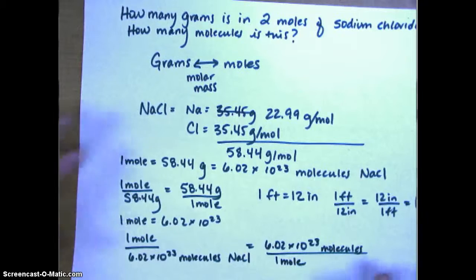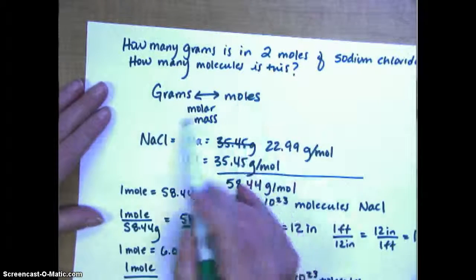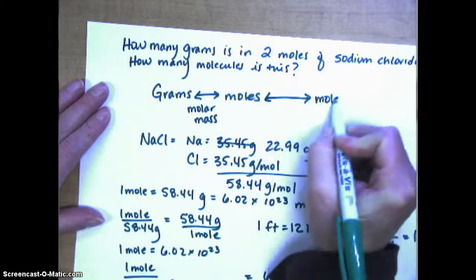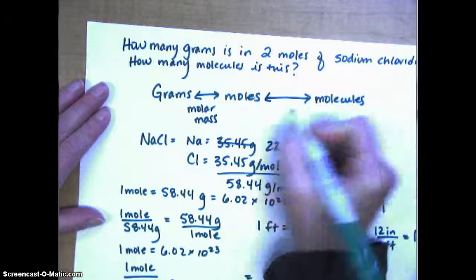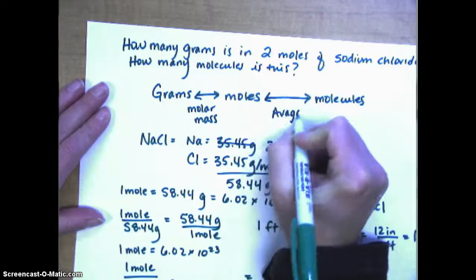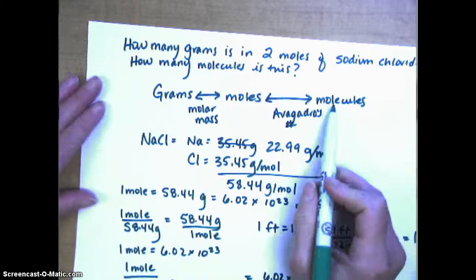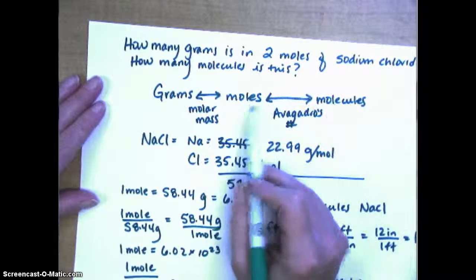So we can go from grams to moles using molar mass, or moles to molecules using Avogadro's number. And likewise, go from molecules back to moles.